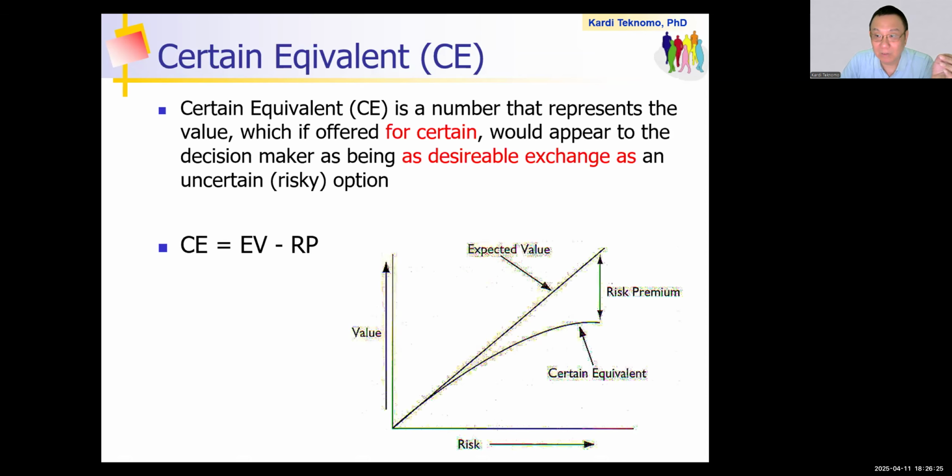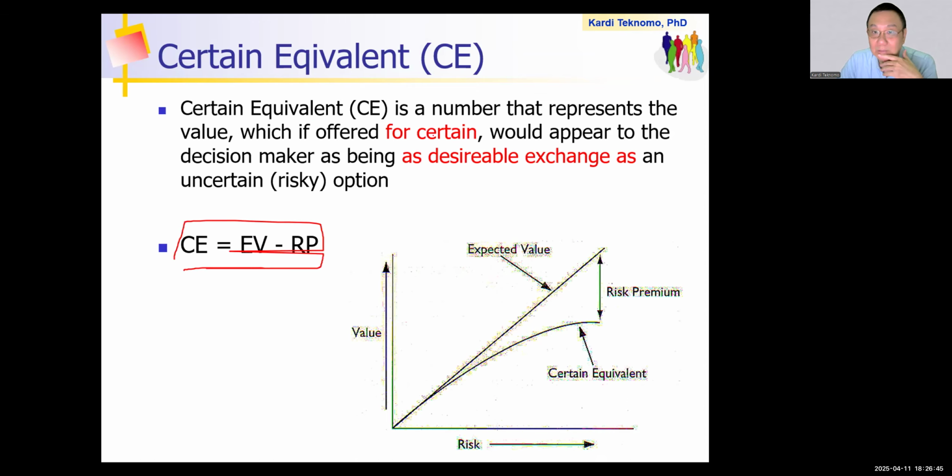So we have what is called the certain equivalent or CE, and this is the EV from the risk analysis last meeting. You can use this formula to compute either the CE or the EV.